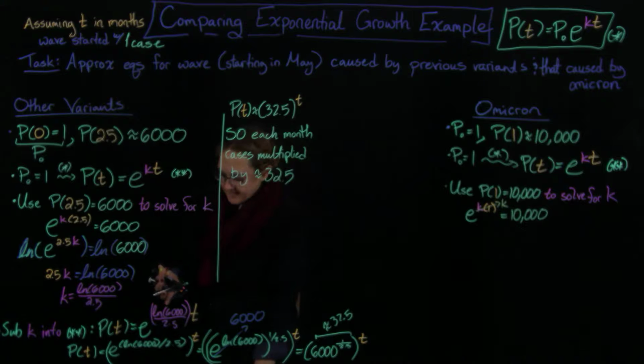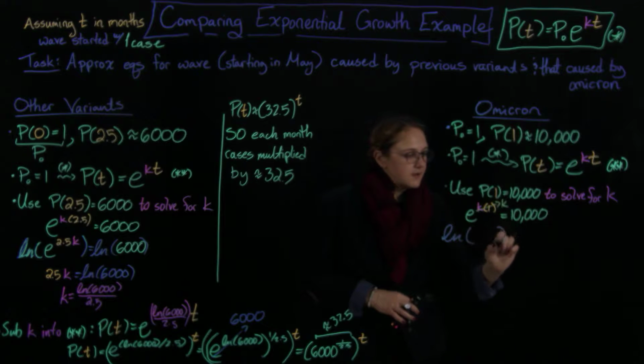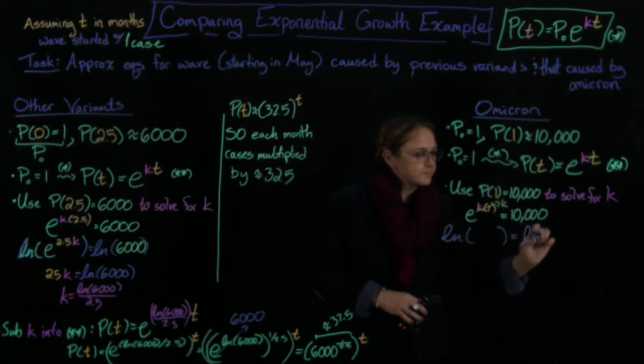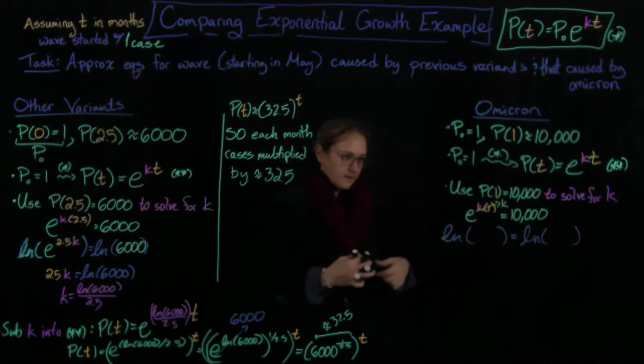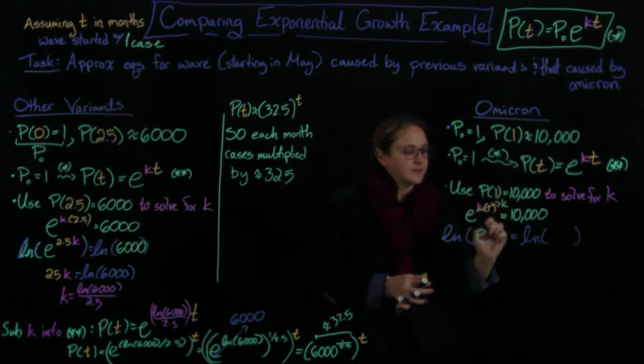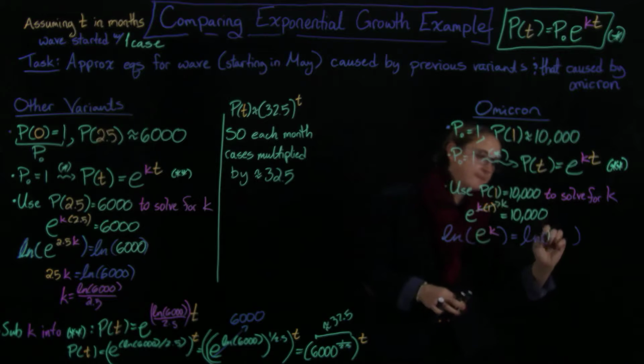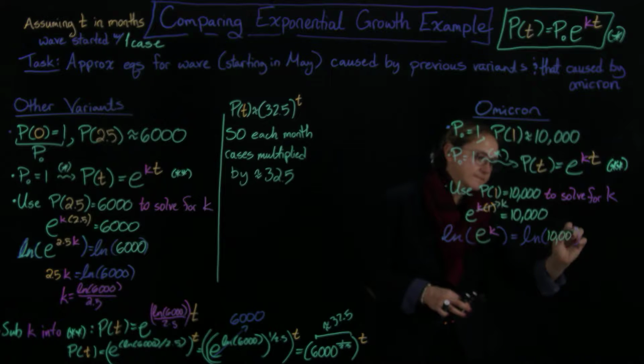So when we take the natural log of both sides, now we're just looking at e to the k, right, because k times 1 is k. So we have the natural log of e to the k equals the natural log of 10,000.